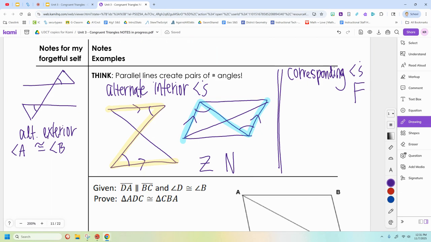So let me kind of show you what I'm talking about. Let's say I have this line parallel to this line. So see if you can get those two lines on your paper. And then I'm going to draw a horizontal line.